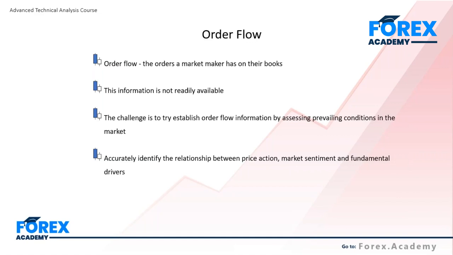It wouldn't come as a surprise to find out that there would be a large number of buy orders above the resistance level, because the market would be anticipating a potential strong move to the upside if prices break above that level. So by being able to observe key elements within price action, you can draw some logical conclusions which would relate to order flow.